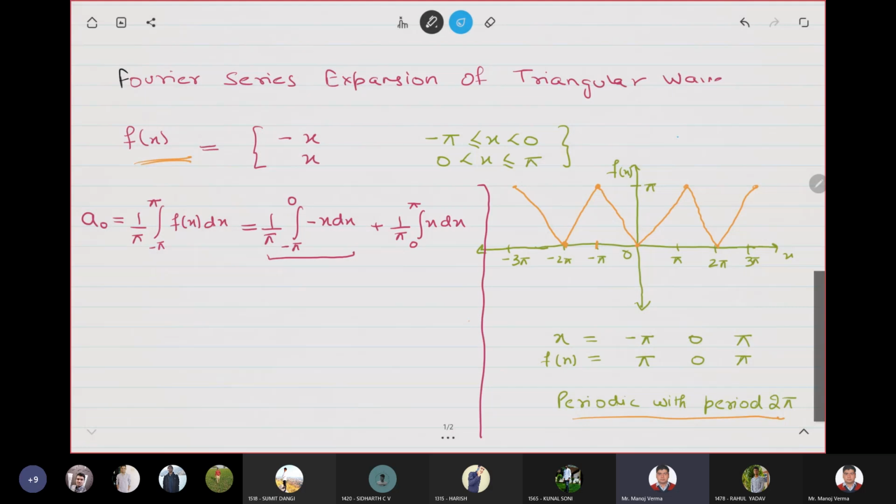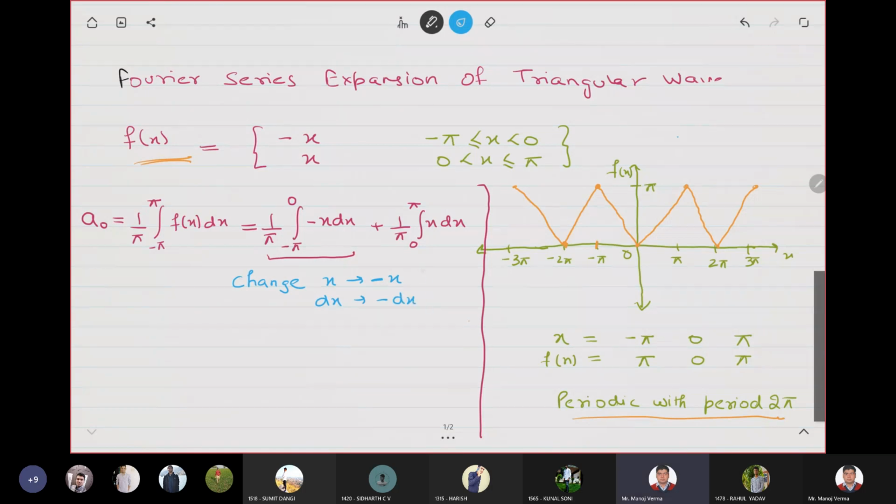In this first integral, I will change x to minus x, and then dx will also be equal to minus dx.